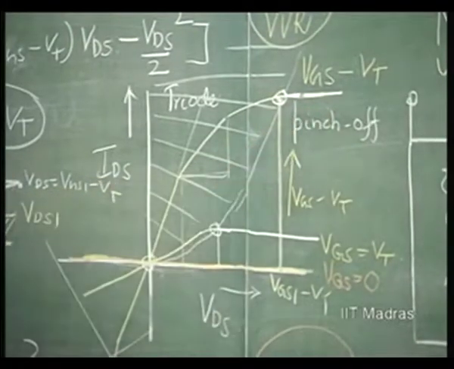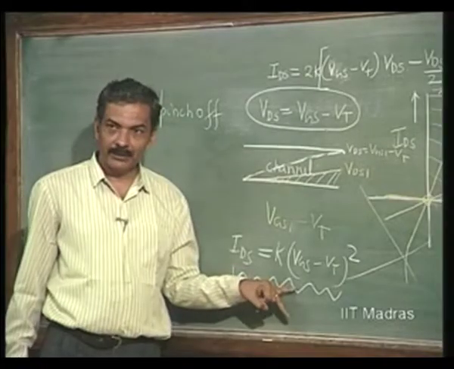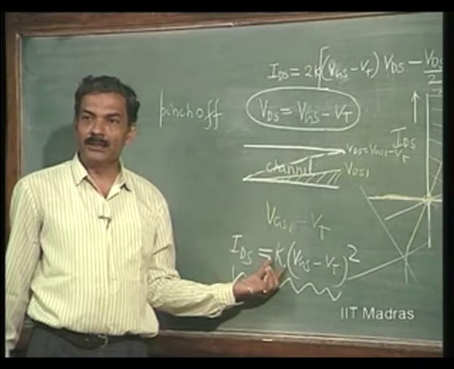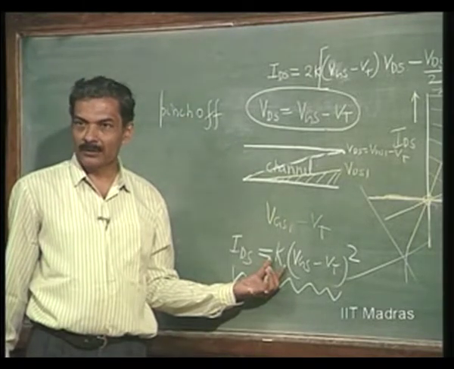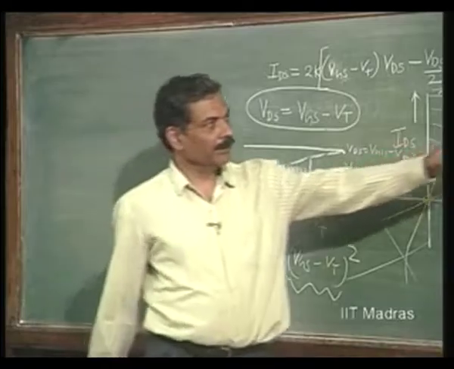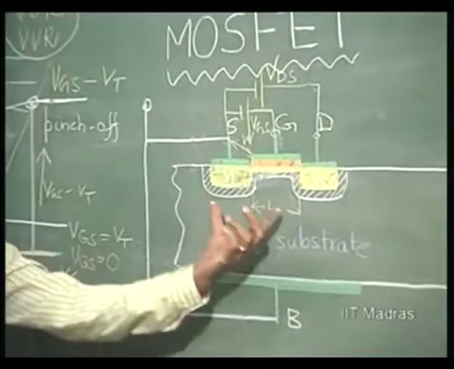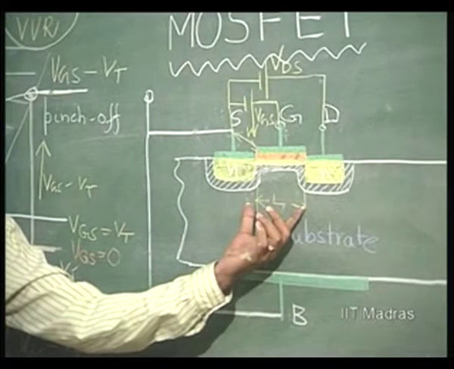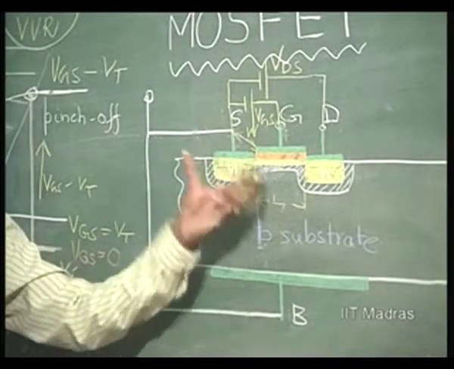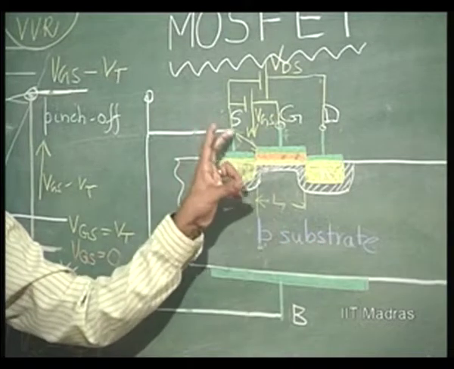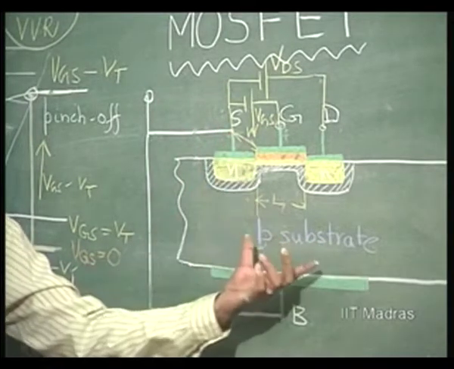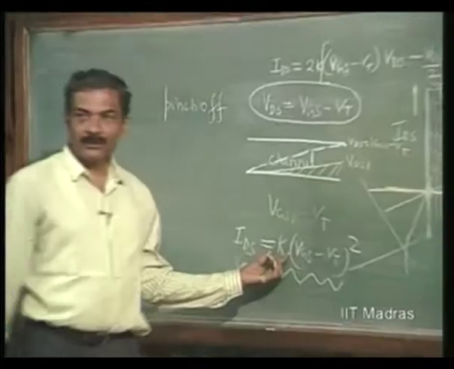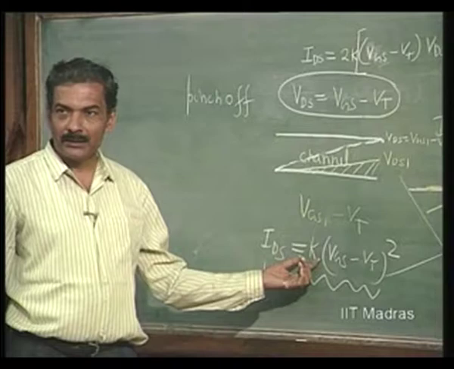This is what is called the square law equation. K is dependent upon the W by L ratio. W is the width of the channel and L is the length of the channel, and the resistance of the channel obviously depends upon W by L. It is directly proportional to W, inversely proportional to length. So, K is a factor which is dependent upon the W by L ratio.